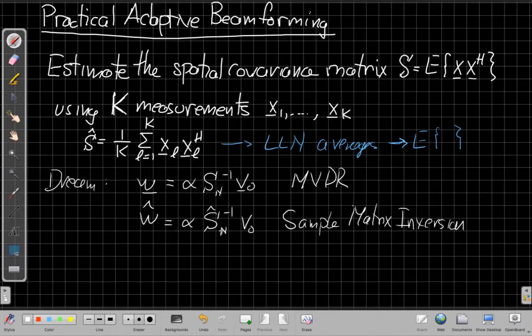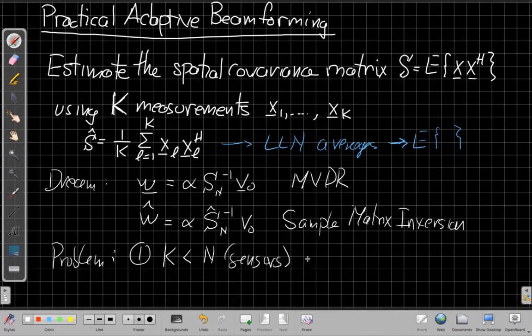Now, the problem we saw in class is that we can have a couple of problems, right? The first problem is that if K is less than the number of sensors, that means the amount of time I can average coherently, combining things without the world changing too much, is less than the number of sensors in the array, which can happen when things are changing quickly, or when I have a very large array.